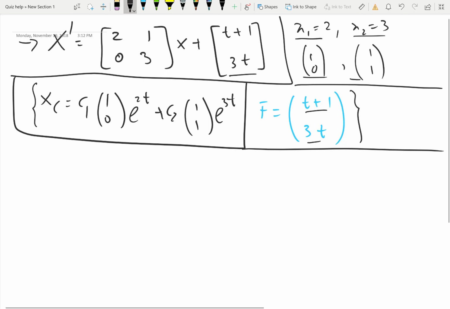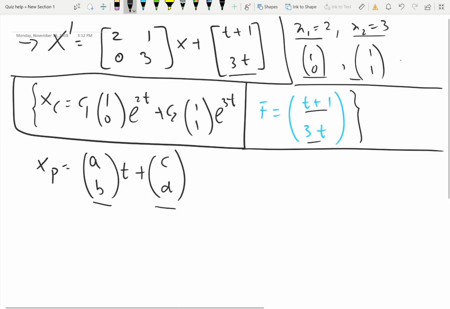So it's like an at plus b term, but the vector version of that is a b t plus c d, the t term and the constant term. This is the initial guess for the particular solution. Now we want to know whether these have an overlap or not.